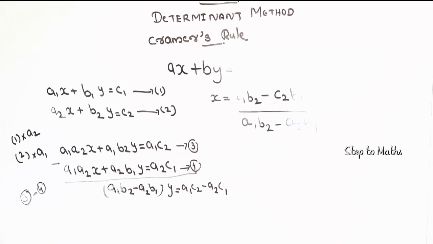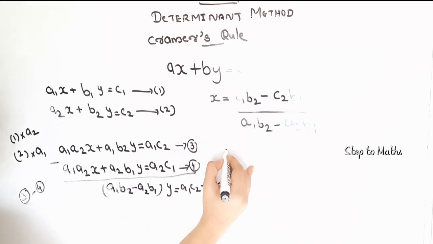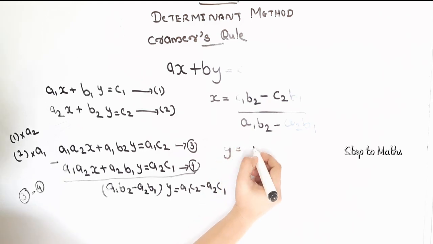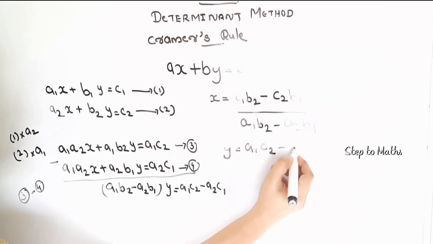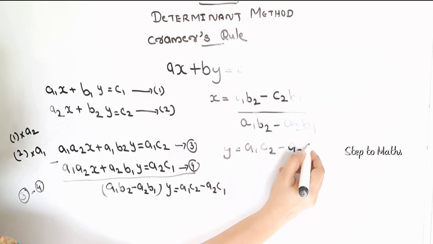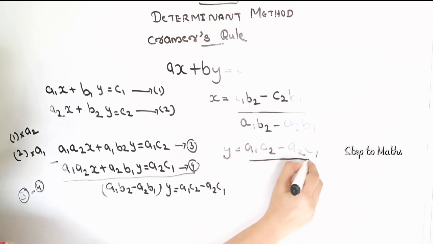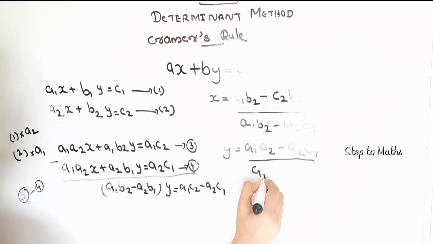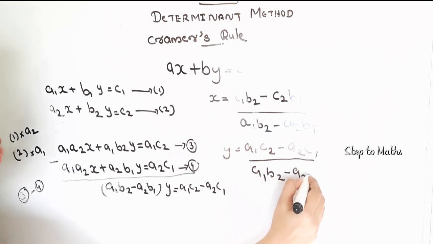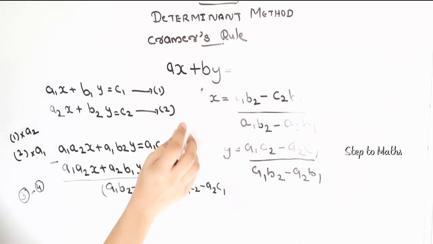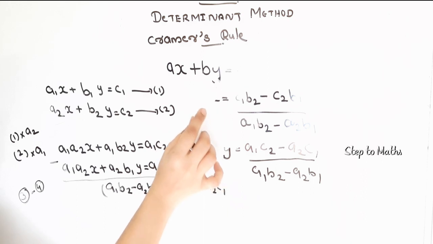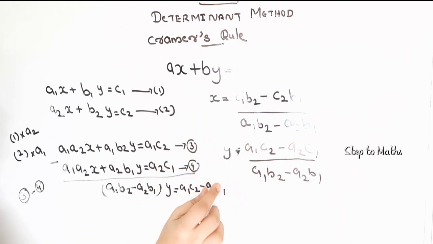From this, we can find the value of y equals a1 c2 minus a2 c1 upon a1 b2 minus a2 b1. Thus, we get the values of variables x and y.